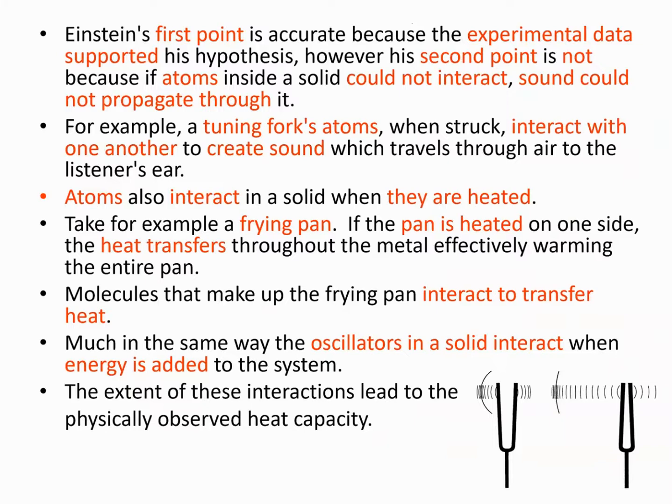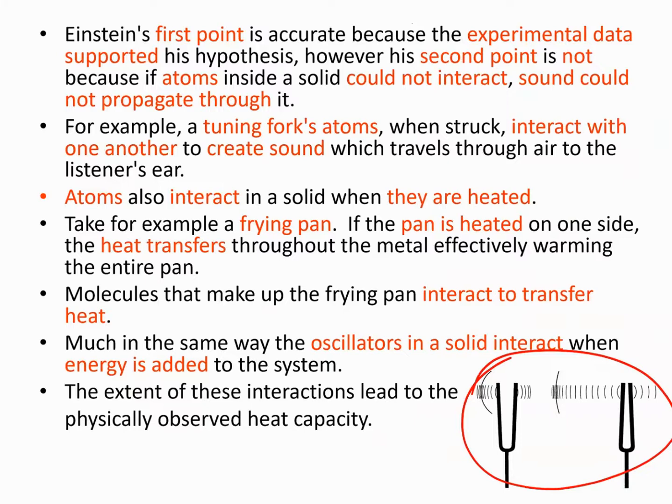For example, when a tuning fork is struck, its atoms interact with one another and create sound which travels through the air to the listener's ear, like this one. This actually proves that the atoms inside the solid can interact, and it also proves that the second assumption of Einstein is not correct.